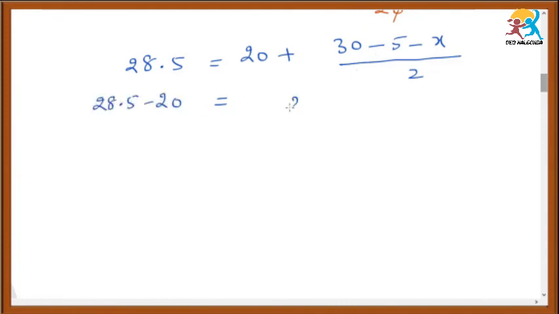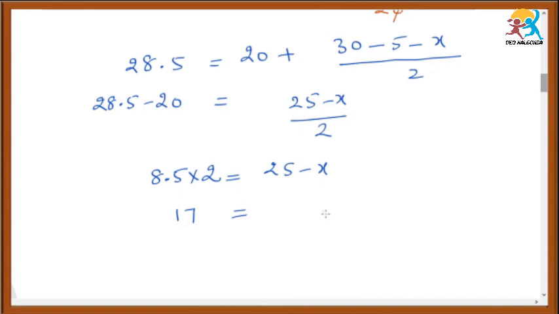So 30 minus 5 is 25 minus x by 2. So 28.5 minus 20 is 8.5, and send this by 2 to the other side, it will become into 2. So 25 minus x. So 8.5 into 2 is 17.0. No need to write 0 after the decimal. So 17 is equal to 25 minus x, and we should find out x.